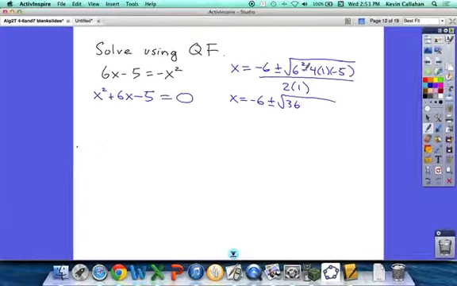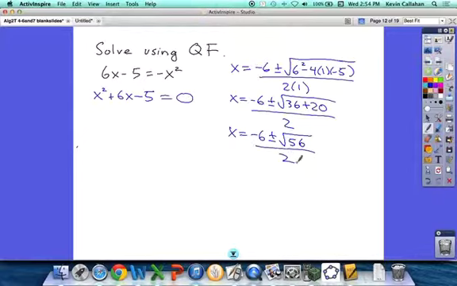Because it's a minus in the formula, but there's a negative number as part of the product. It's going to be minus a negative, which makes it a plus. Over 2. So X equals negative 6 plus or minus the square root of 56 over 2.